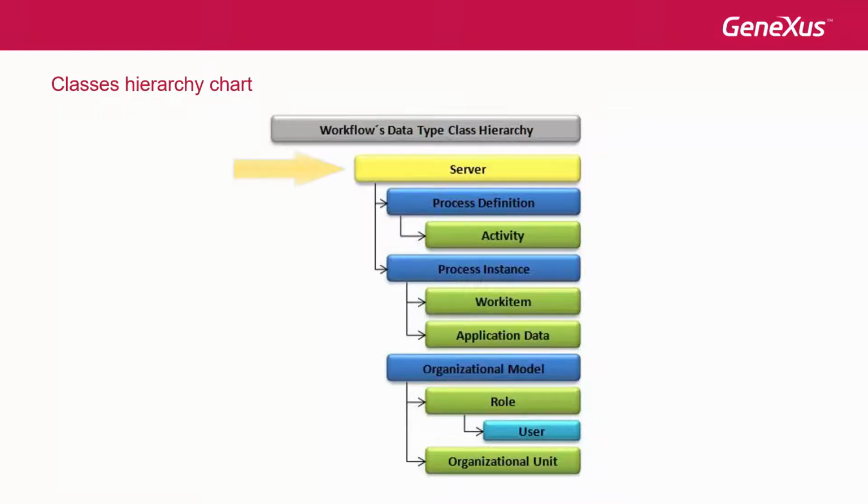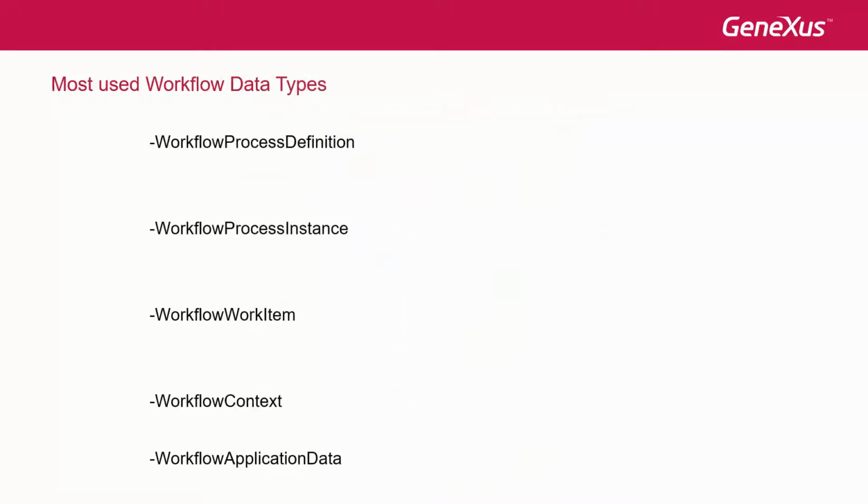The server class is the entry point of the types hierarchy, and its methods enable us to access any workflow data type. The data types used most frequently are the following. With Workflow Process Definition, we can access several properties of the diagram, such as name, version, tasks that include it, which we call activities, and we can also create an execution instance of the process with the createInstance method based on that definition.